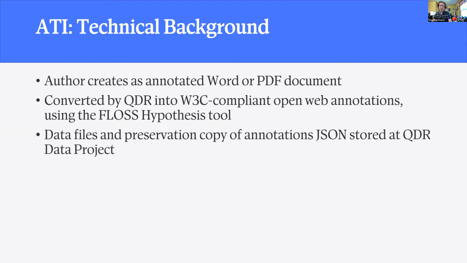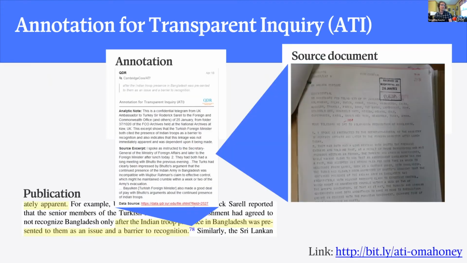Then we convert those documents into W3C compliant open web annotations and then display them using the Hypothesis tool, which is open source software. And then any associated data files. So one of the cool things about ATI, as we show here, is people can not just write about the sources, but they can actually link to deposited sources in a data depository.